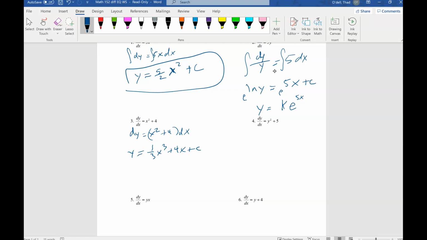This one here poses a small problem, because we have y squared plus 5, and you can't just subtract y squared from both sides, because then you'd end up with a negative y squared plus dy, and having plus dy doesn't work for integration. So what we're actually going to have to do here is divide both sides by y squared plus 5, so that'd be dy over y squared plus 5 is equal to dx.